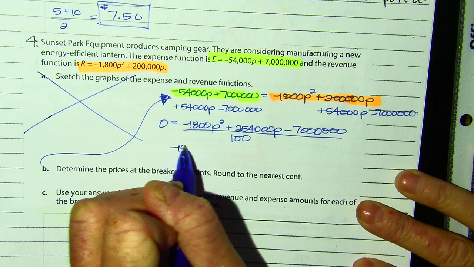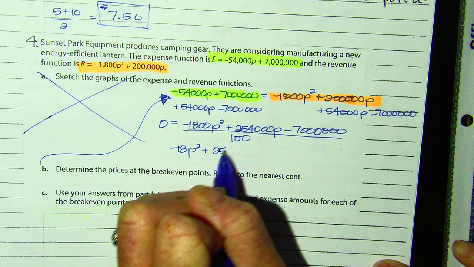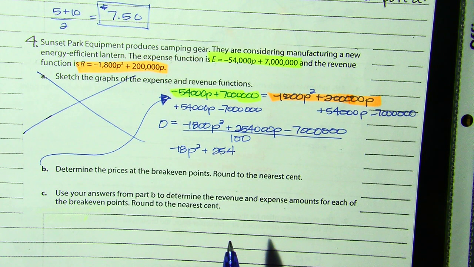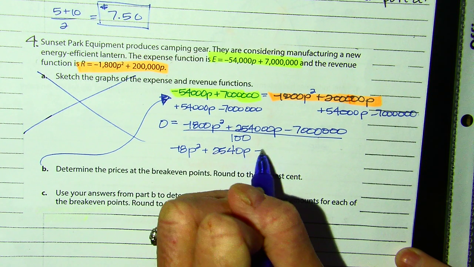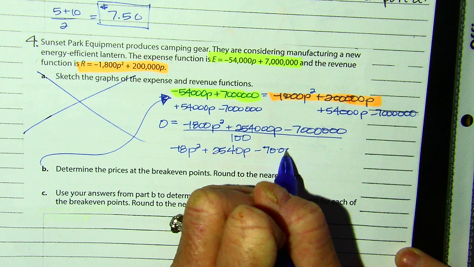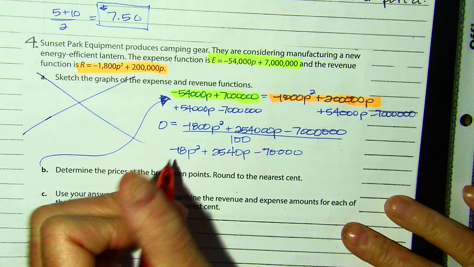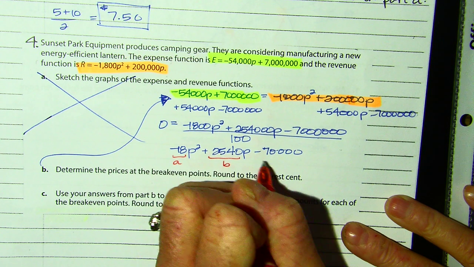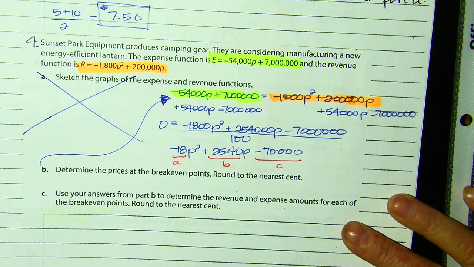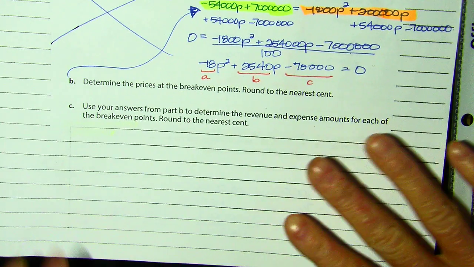That leaves me with negative 18 P squared plus 2,540 P minus 70,000. So now I have something at least a bit smaller. Now I'm going to use the quadratic formula. There's A, there's B, and here's C. This equals 0 still.